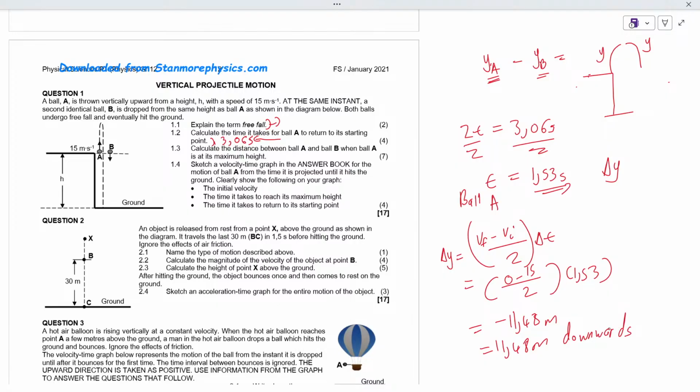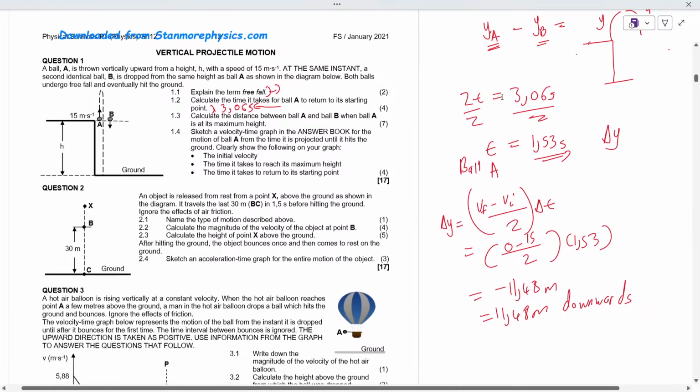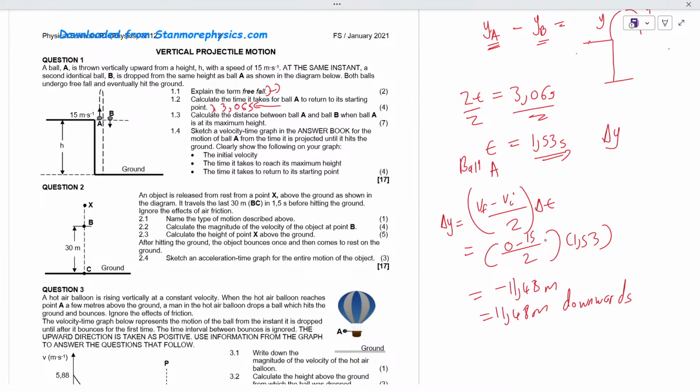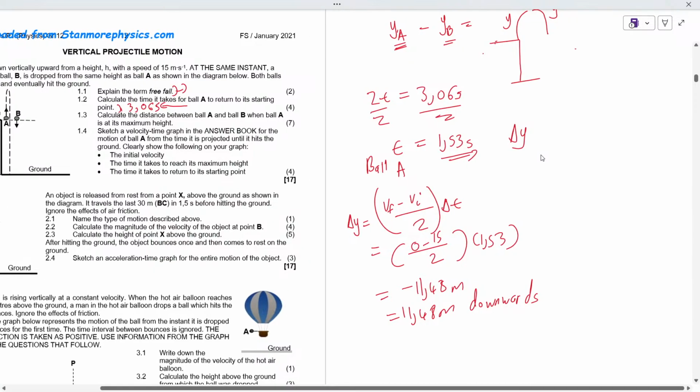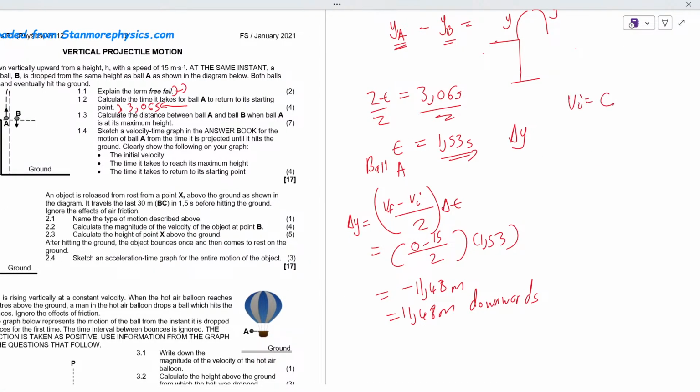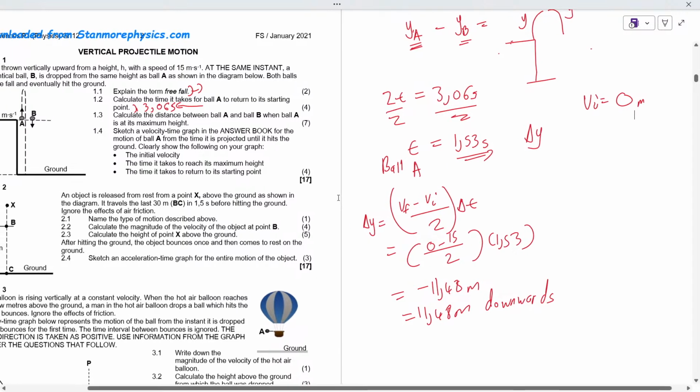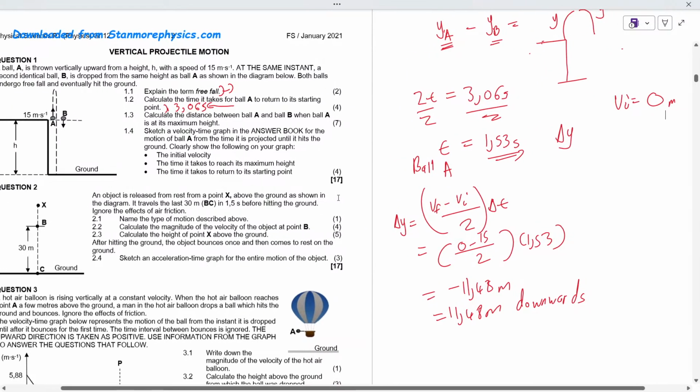So there it is. And then we go to the distance of B. What do we know about B? Let's list the variables that we know about B. We know the initial velocity, which is 15. It's zero, because it was dropped.